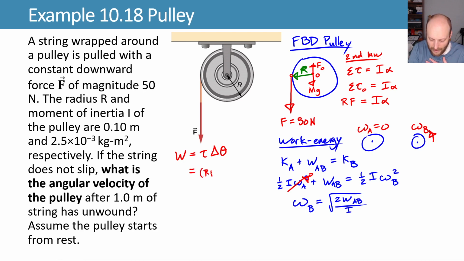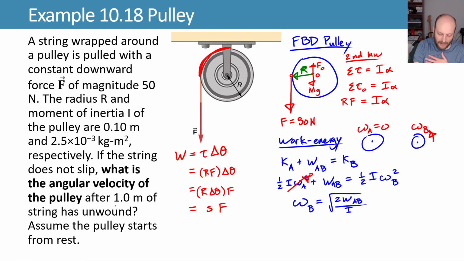So I can plug in that RF times delta theta. I can regroup this as R delta theta times F, which turns out to be kind of useful because now we can say that R delta theta is equal to S, where S is that length that we unwind.